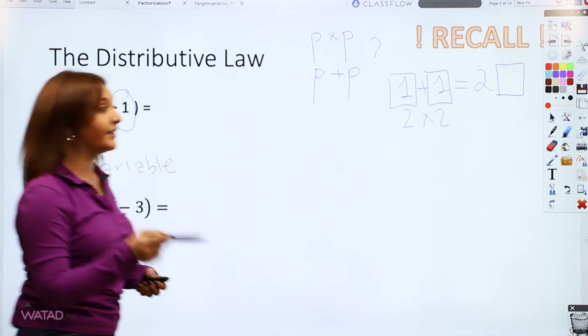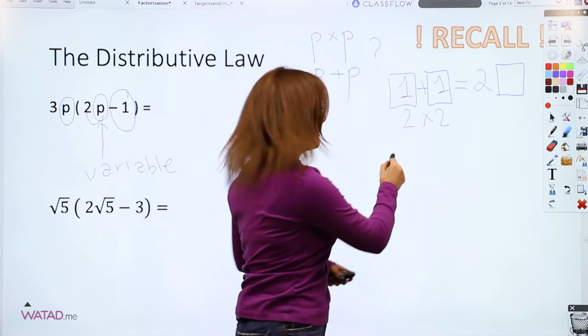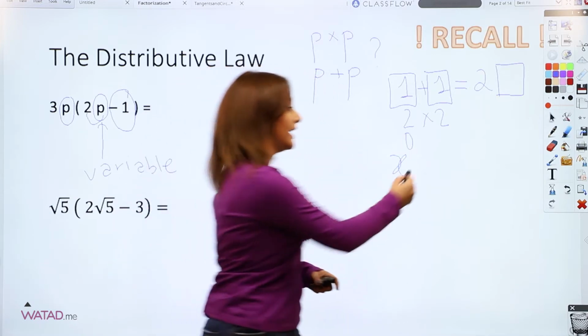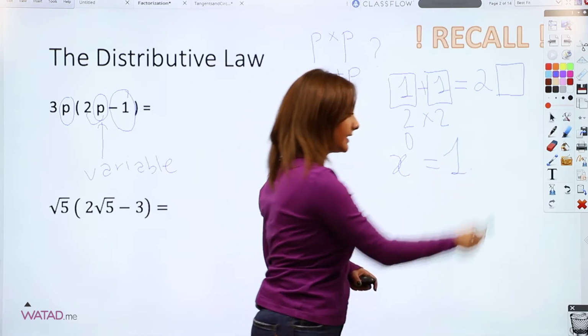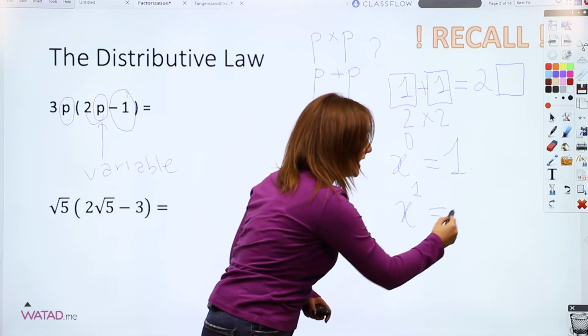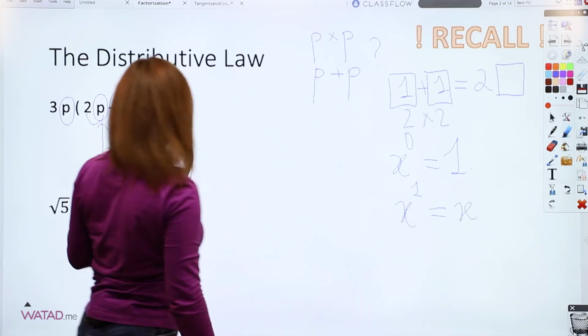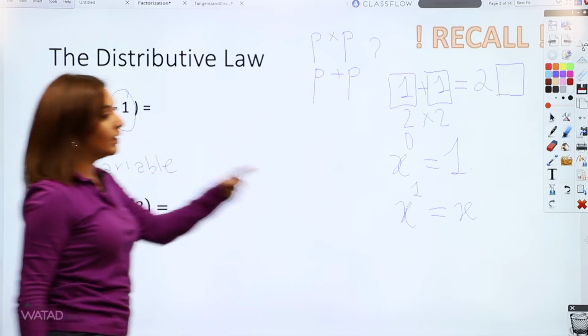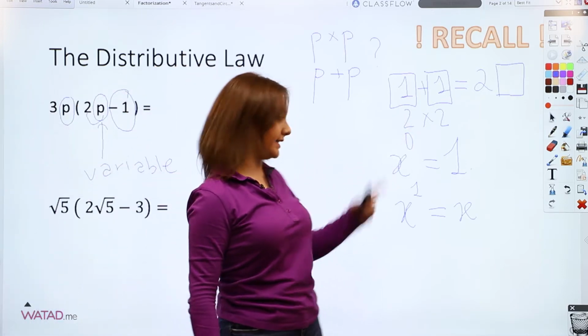You should be reminded that one of the powers can be power 0. So x to the power 0 is equal to 1, and not x. If I have x to the power 1, this is x. For example, 2p is p to the power 1, and minus 1 is p to the power 0.